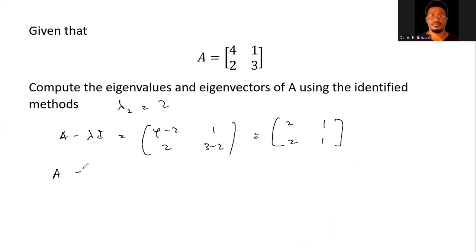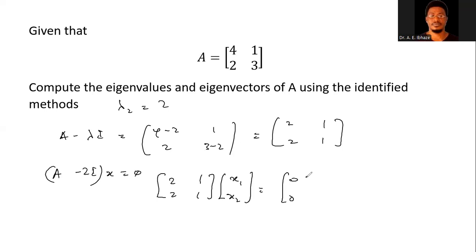And once we plug that into the equation, S being the same as 0, then we have 2, 2, 1, 1, S1, S2 is equal to 0, 0, right? So if we evaluate at row 1, that will give us 2S1 plus S2 is equal to 0. So in this case, S2 is equal to minus 2S1, right? And if we also evaluate at row 2, that's 2S1 plus S2 is equal to 0.